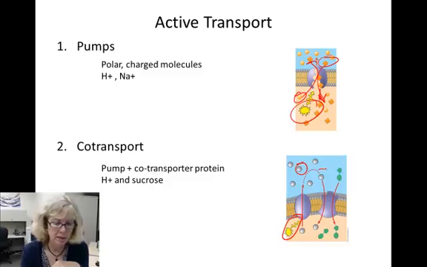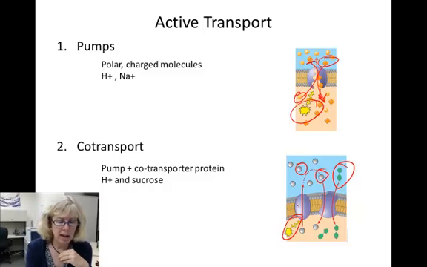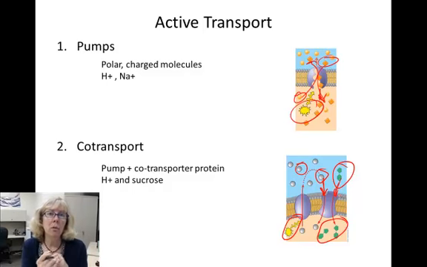In this case, it co-transports hydrogen with a sucrose molecule. So co-transport involves active pumping plus a facilitated co-diffusion event with the main goal of getting sucrose across the membrane against its concentration gradient. Because ATP is involved, we'll put it under the heading of active transport.